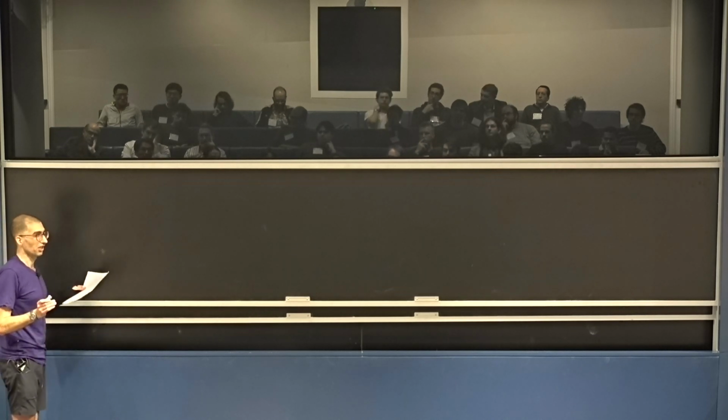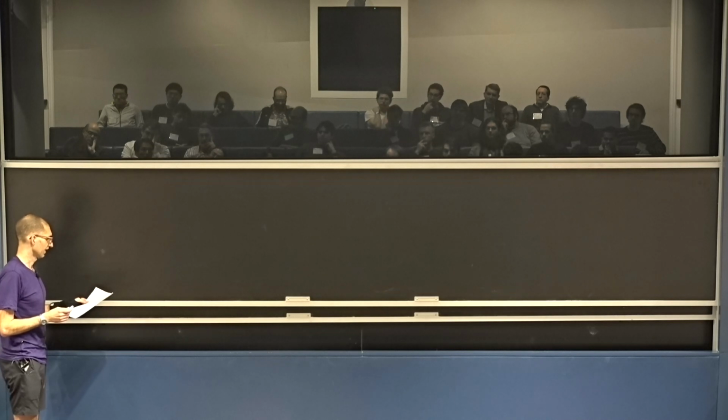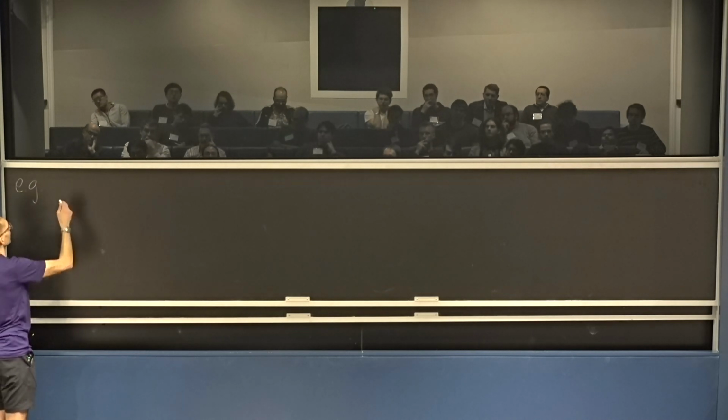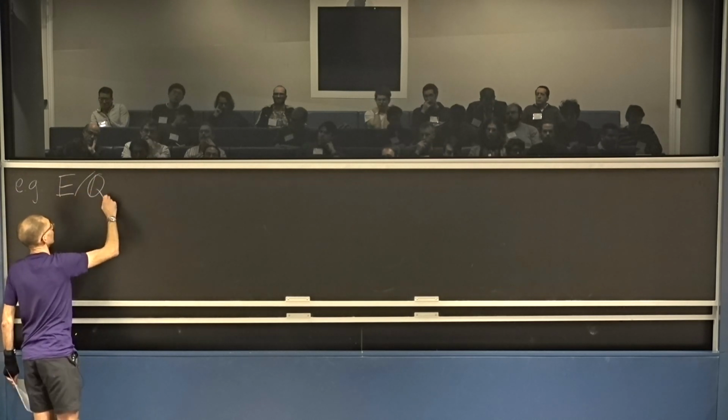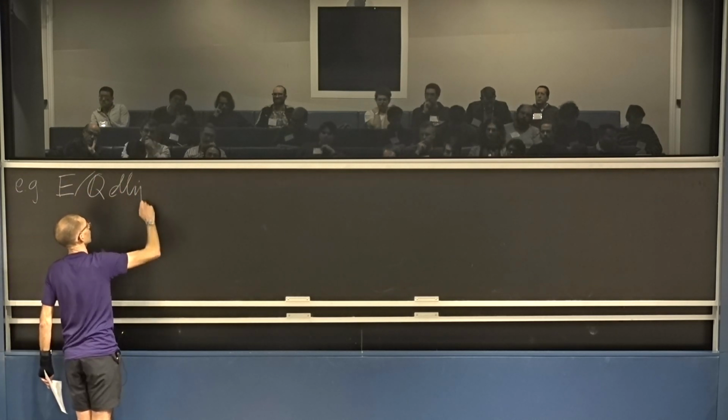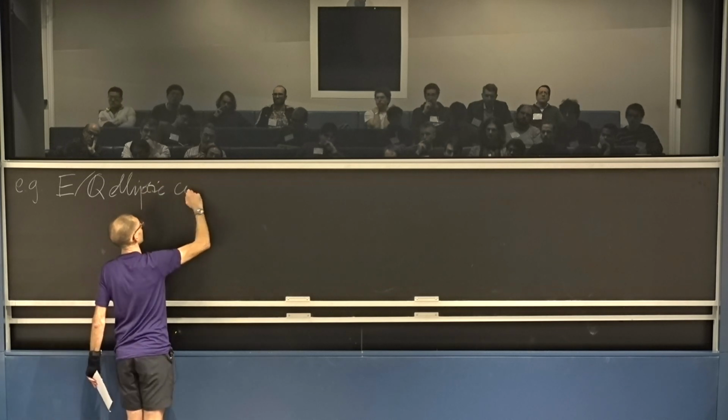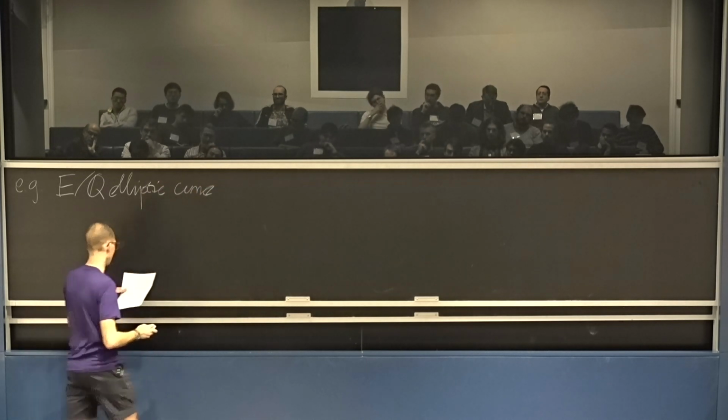So the motivation I want to talk about is what is the right notion of good reduction for p-adic Galois representations. A simple example is to take an elliptic curve E over Q, and this is historically also a motivation for some of the things I'm going to say.